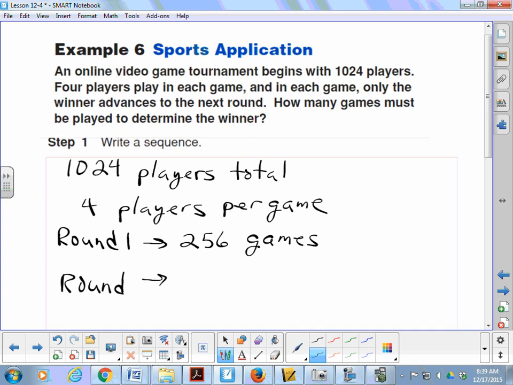Which means there's 256 winners, right? All right. So then how many games are there for round 2? 64. How'd you get that? Divide it by 4. All right, does that make sense?